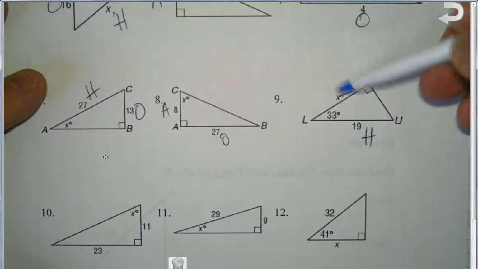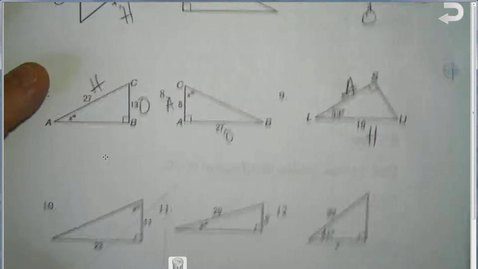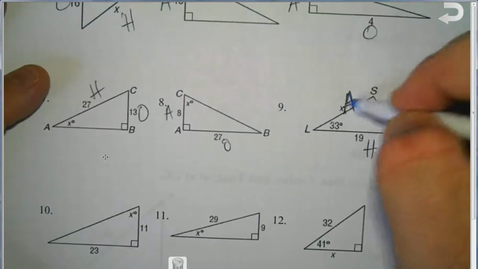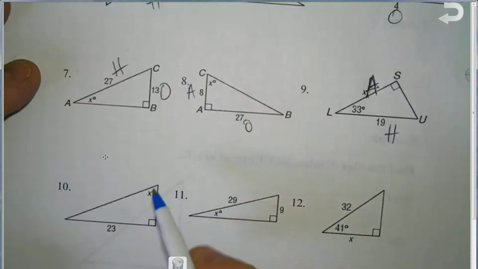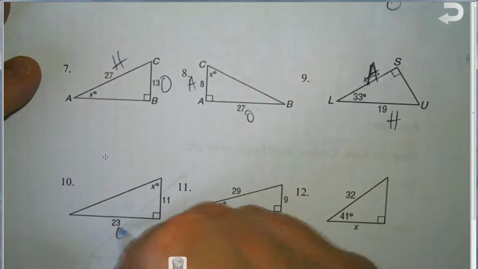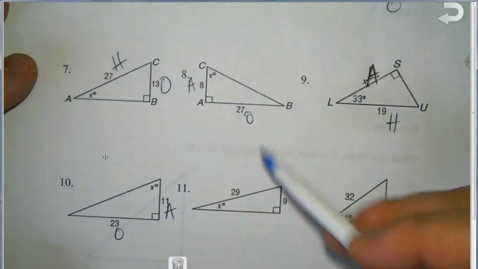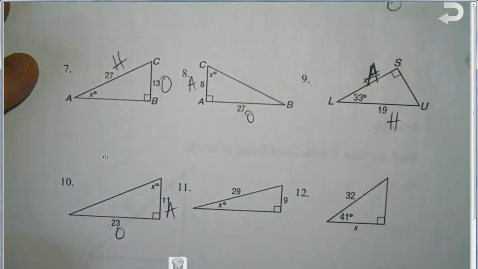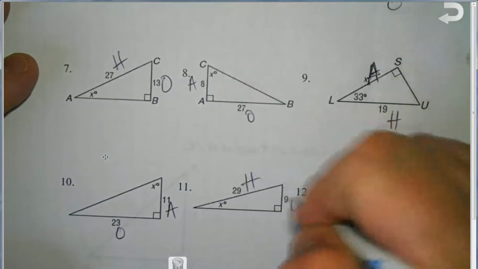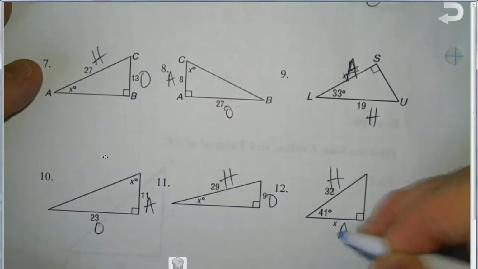And so then what's this going to be then? Adjacent. Okay, good. All right, and Tyler? Okay. Dakota? And then I'll finish these last two up. This is H and O, and this is H and A.